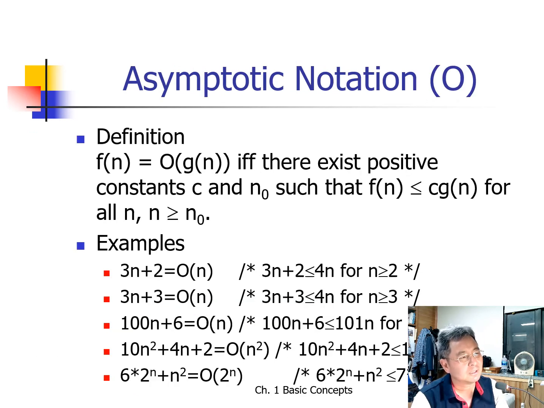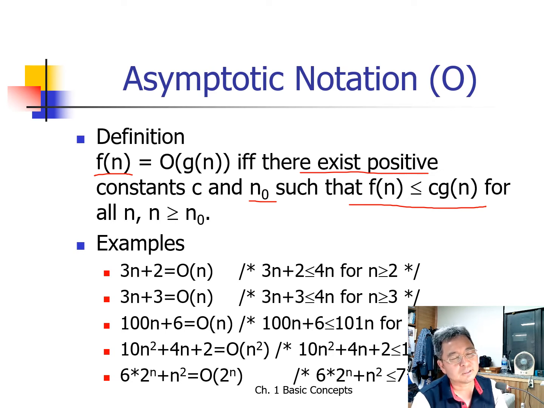Okay, so we can say that asymptotic notation O, this is a big O, capital O, means that f(n), function n, equals big O g(n) if there is a positive constant c and constant n0 such that this one.